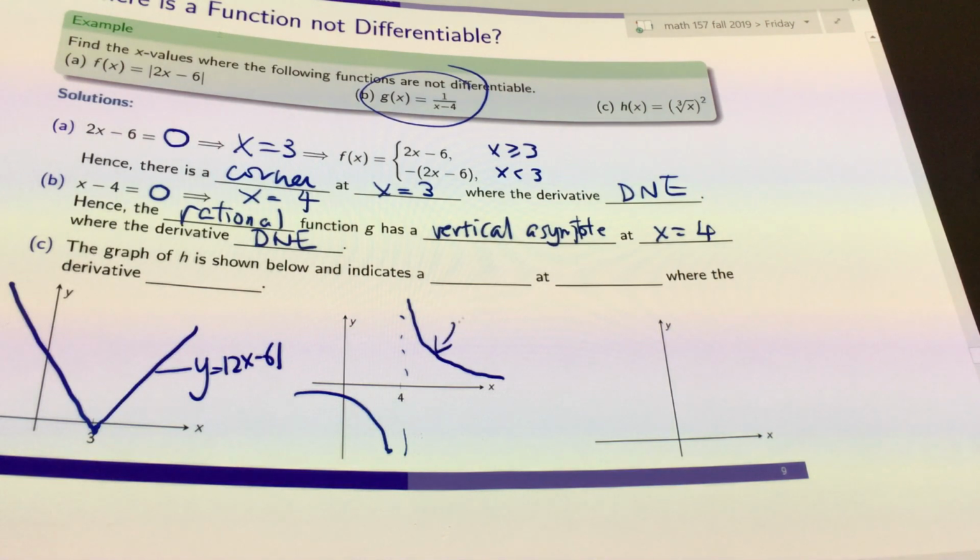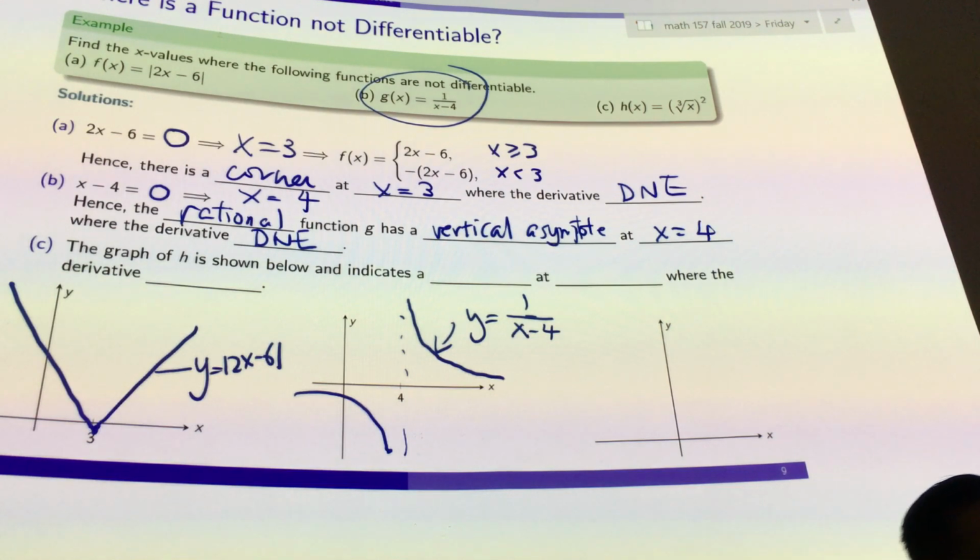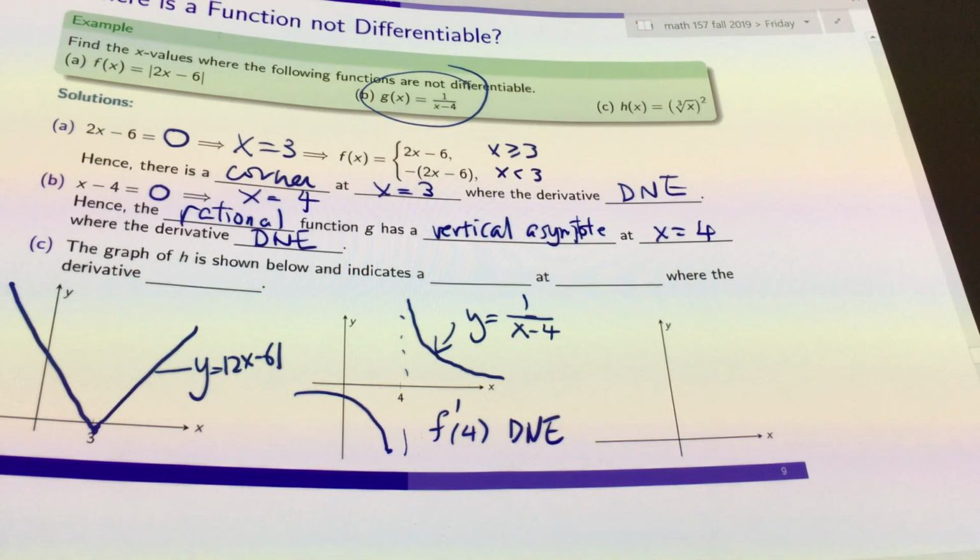So this is my f of x, 1 over x minus 4. You have a discontinuity, the vertical asymptote. It's actually an infinite discontinuity. So f prime of 4 does not exist. The function is not even defined at 4, so it's not continuous. If not continuous, not defined, you cannot talk about the tangent.